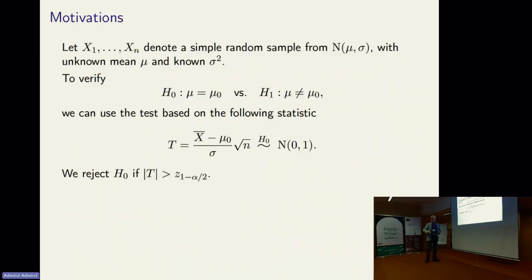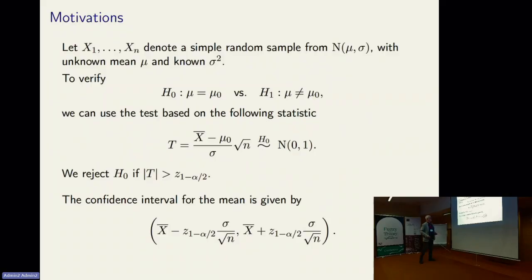There are some constants here, and provided the null hypothesis holds, it is normally distributed. If this value is too big with respect to the quantile, I reject the hypothesis. This is a point estimator. Of course, looking at this test, I can construct a confidence interval. And this is something classic.